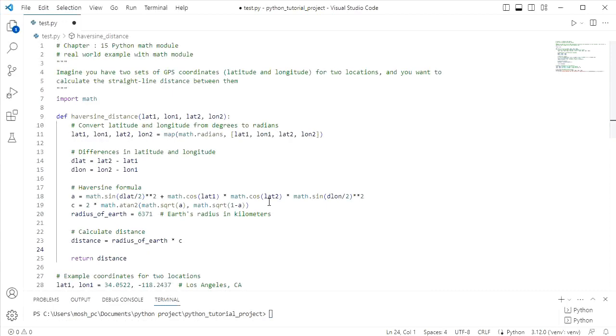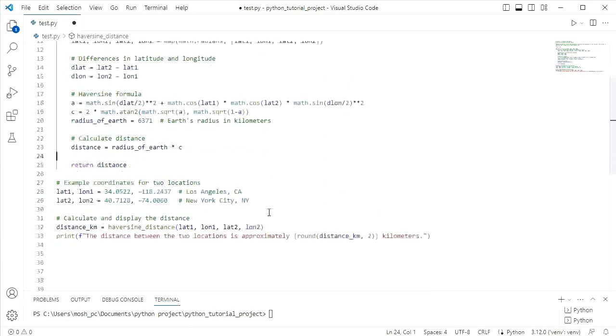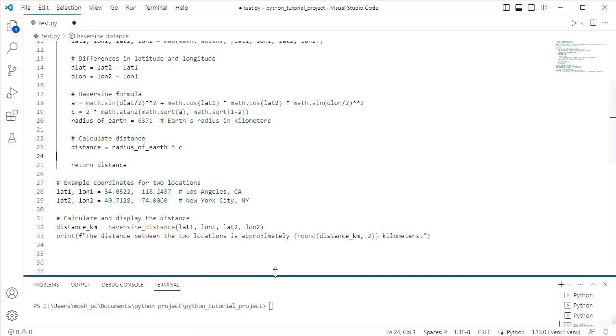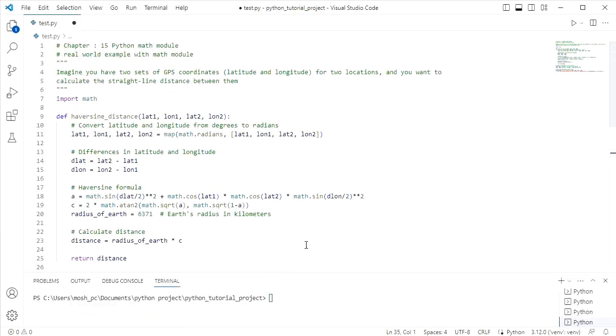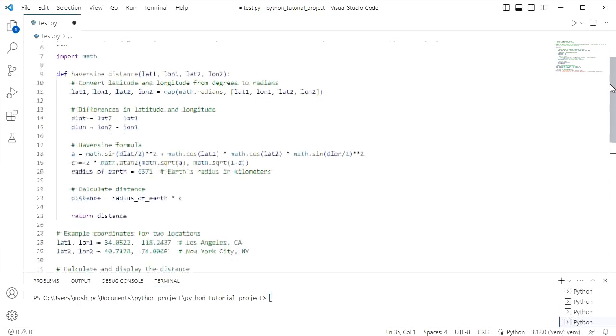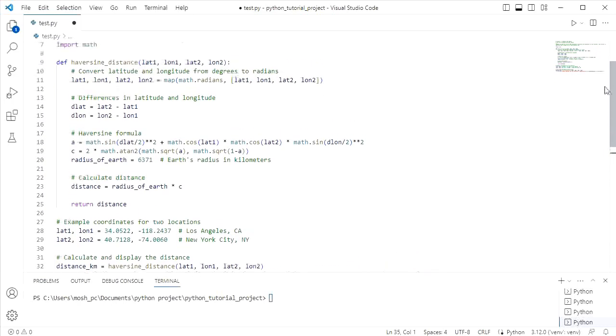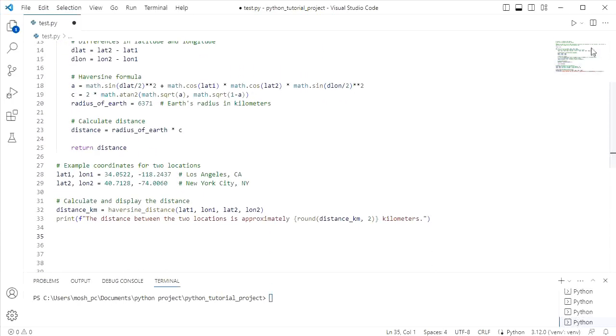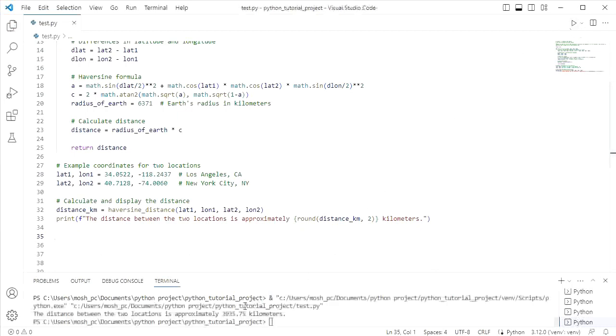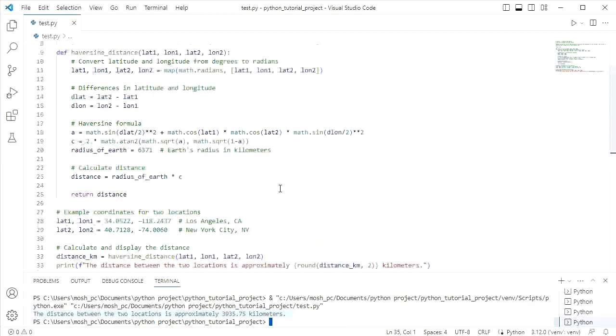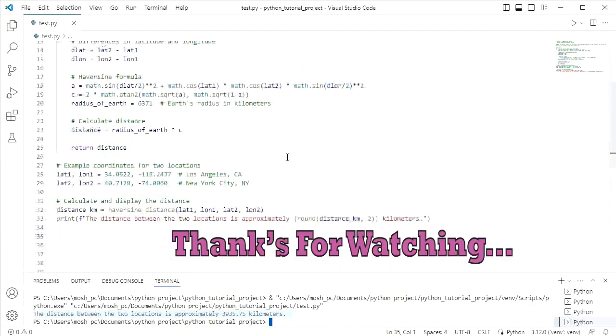As you can see here, our coding is done. Let's execute it. Let's see here, the distance between the two locations is approximately 3,935.75 kilometers. So friends, our today's video was up to this.